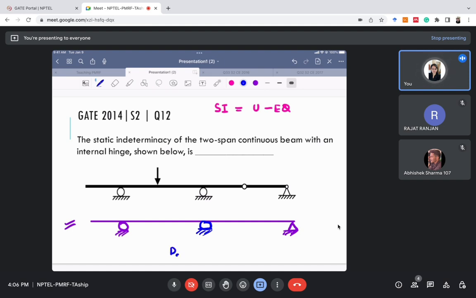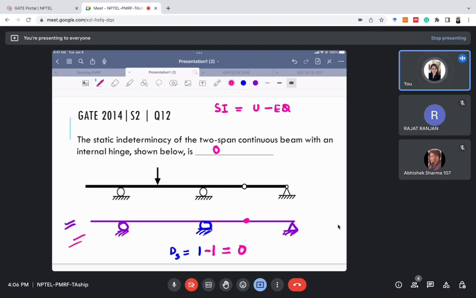It is becoming 1 now. And now we have added one hinge here also. The hinge will reduce the degree of static indeterminacy by 1, so it would be minus 1. So finally for this structure, what is the degree of static indeterminacy we are having? 0. This means that the given beam is a statically determinate beam, that is, the degree of static indeterminacy is 0. So the answer here will be 0.